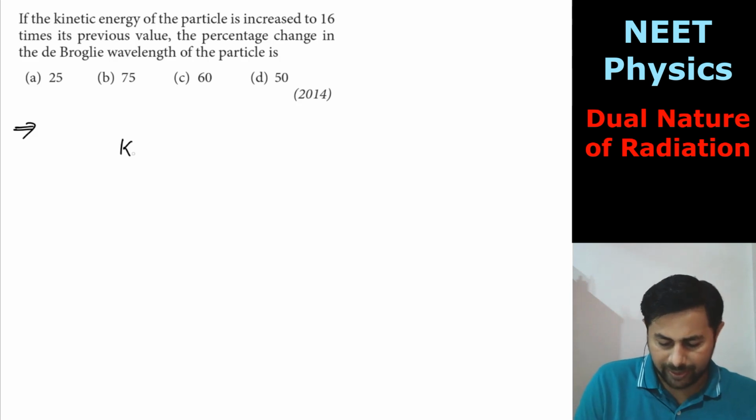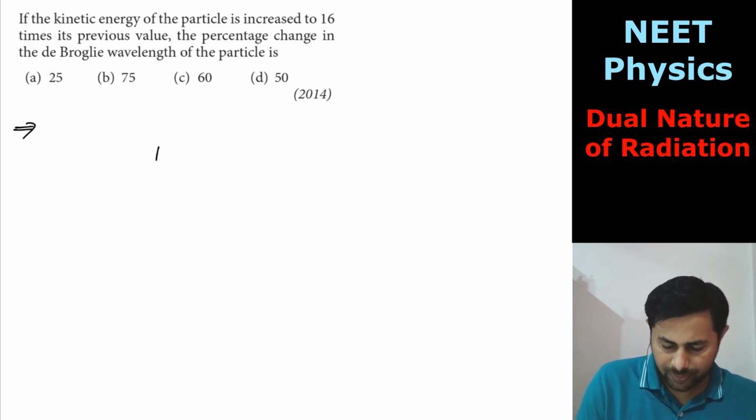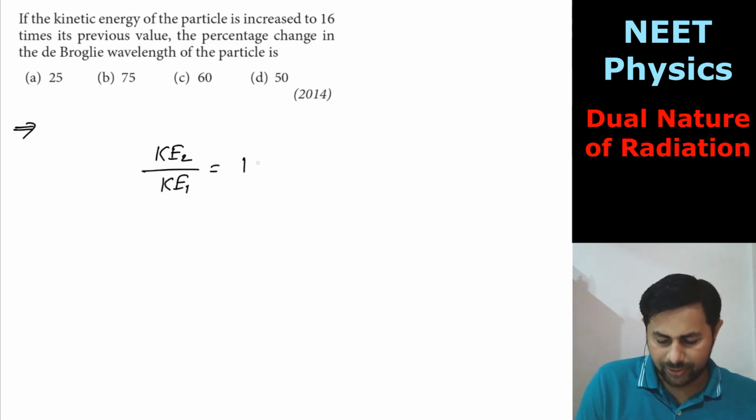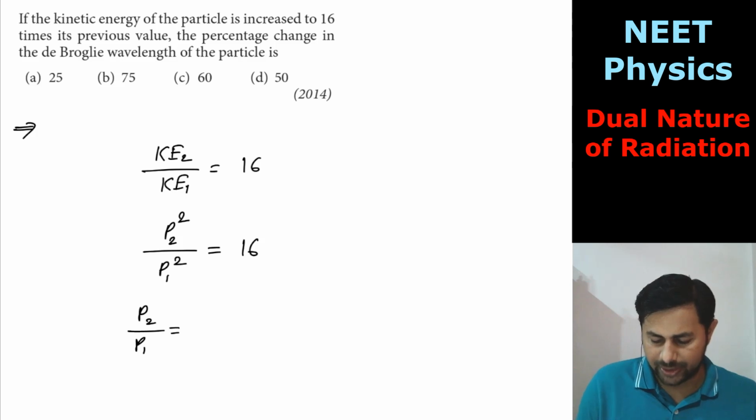So KE2 is to KE1 is equal to 16. So P2 square by P1 square, because kinetic energy is directly proportional to momentum square, is 16. That means P2 by P1 is equal to what? 4.